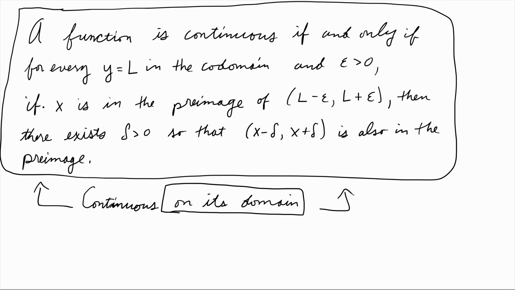Well, we say if x is in the preimage, then there exists a delta, a little distance away from x, if we go to the left and right, like this, so that this bit of fuzz is actually in the preimage also. That actually guarantees that the preimage is fuzzy, because every point in the preimage will have fuzz about it that's in the preimage. That actually guarantees that we have an open interval.